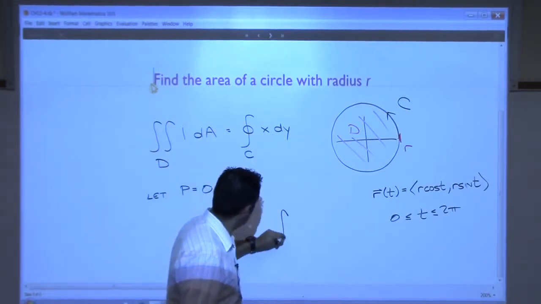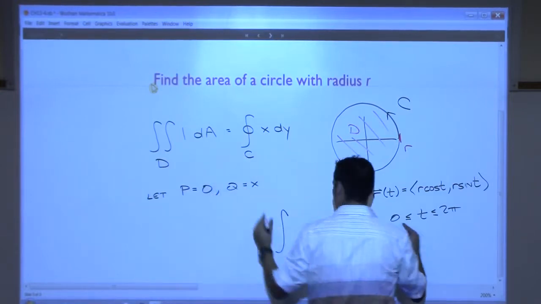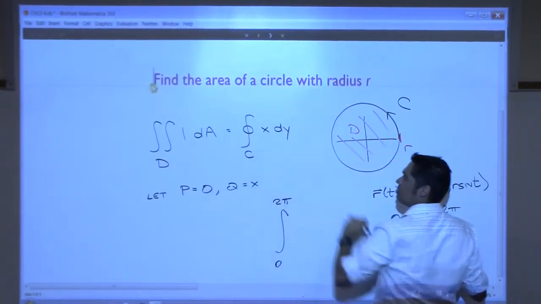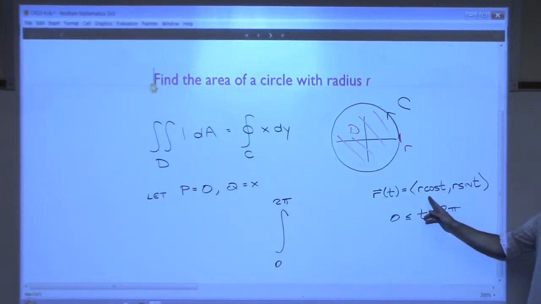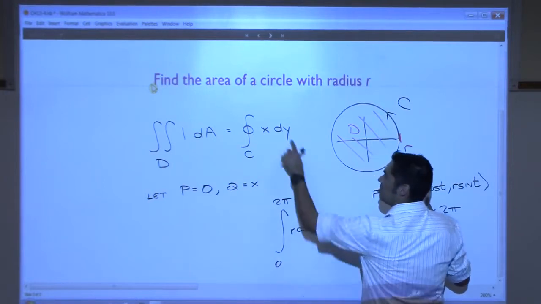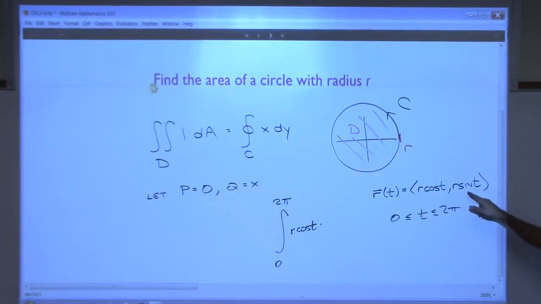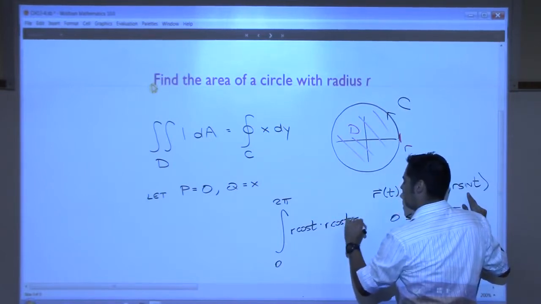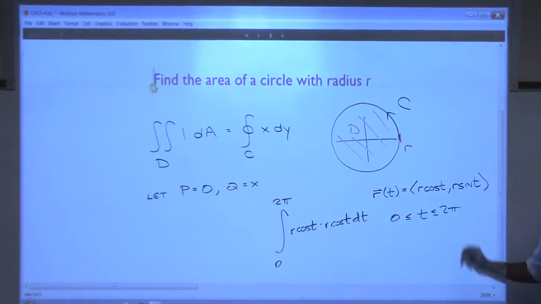This line integral becomes the integral from 0 to 2 pi of x. What's x? R cosine t. What's dy? Well, that's a derivative of this with respect to t, which is just r cosine t dt, right?